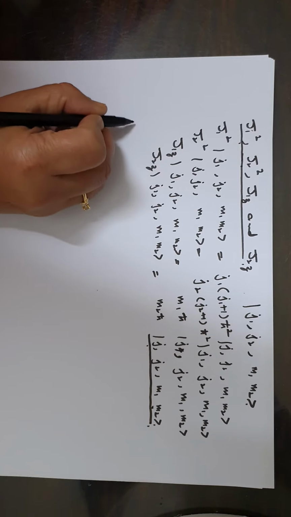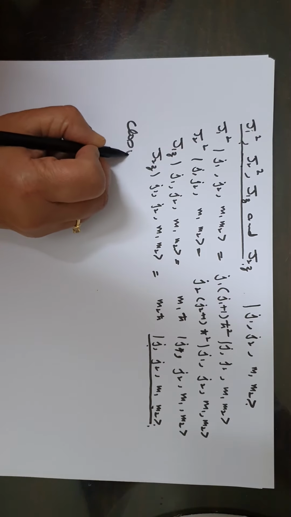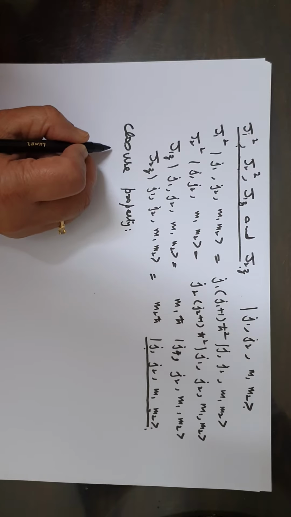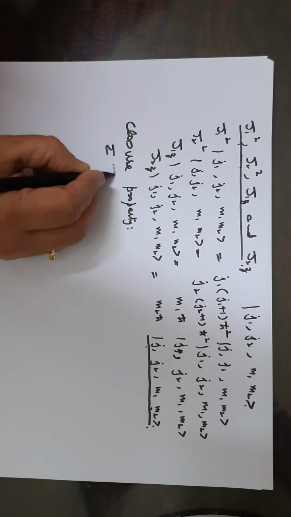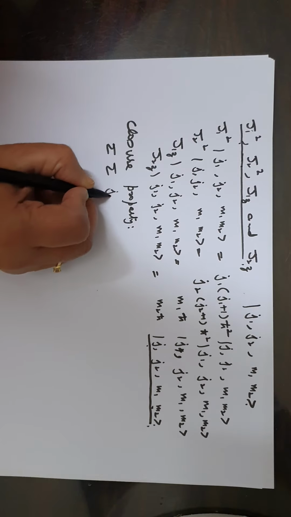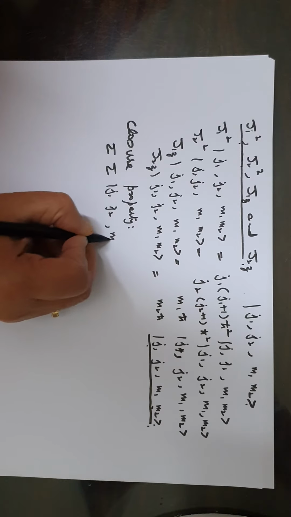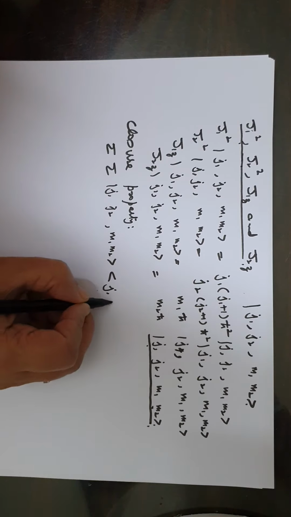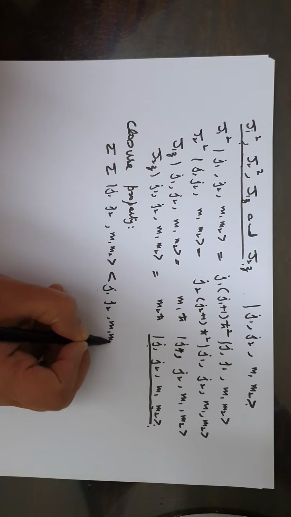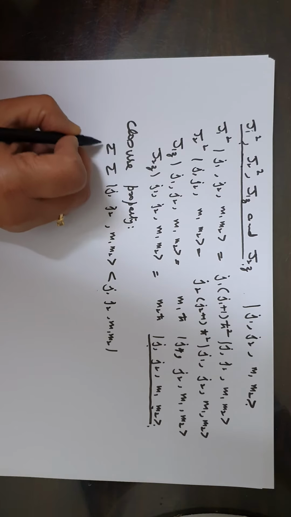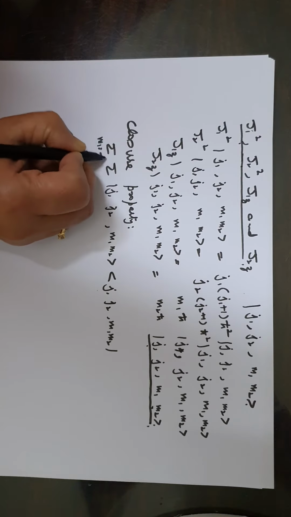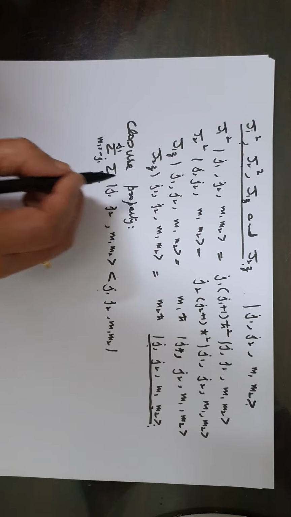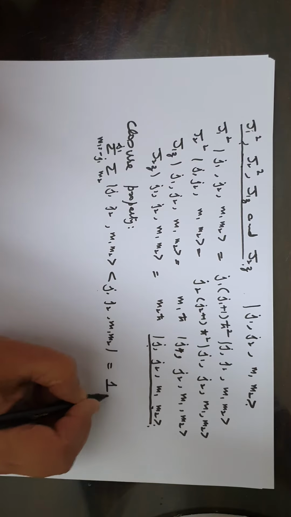From there, we get the closure property, which states that the sum of the outer products |J1, J2, M1, M2><J1, J2, M1, M2|, when M1 varies from -J1 to J1 and M2 varies from -J2 to J2, is equal to the identity operator.